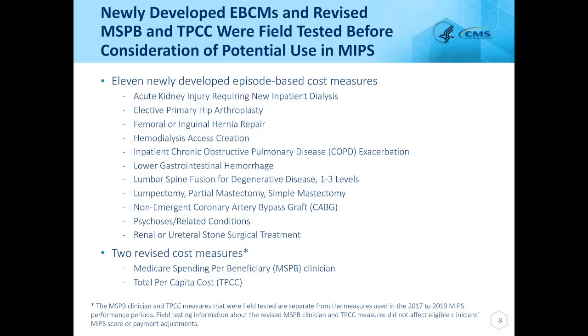These clinicians also assisted us with significant input for the extensive revision of the MSPB and TPCC measures. Next slide, please.